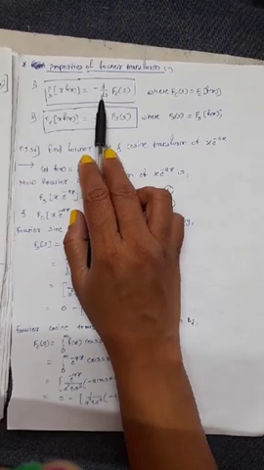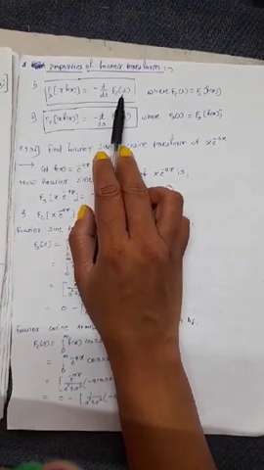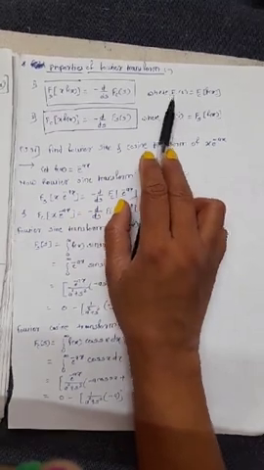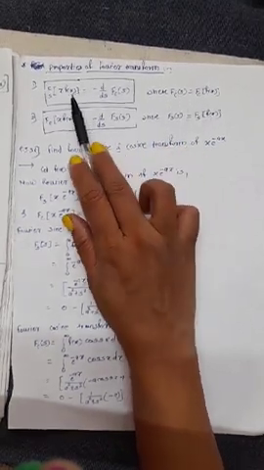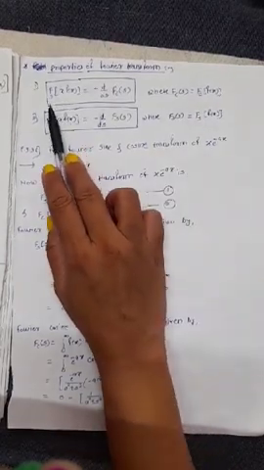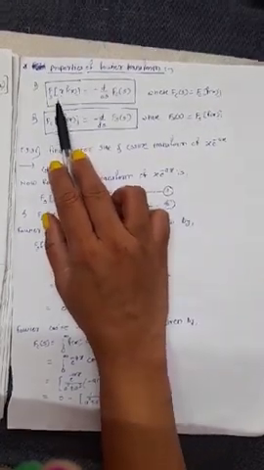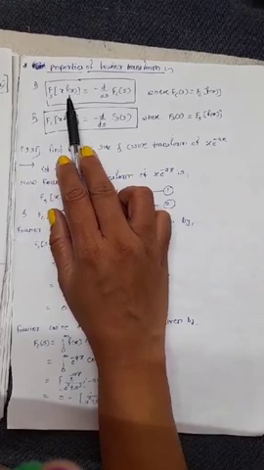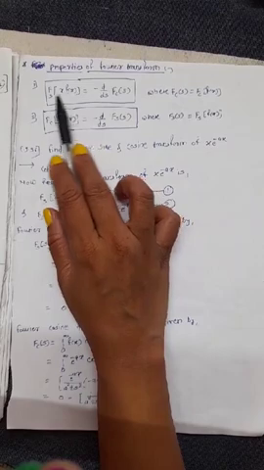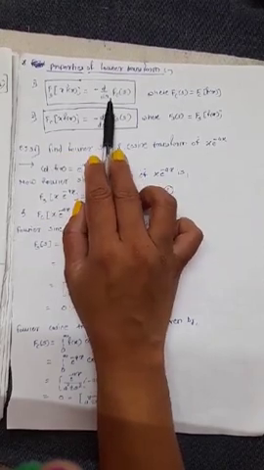Minus d by ds means the derivative of Fc, the Fourier cosine transform of this function only. That means if you want to calculate the Fourier sine transform of such functions where x is multiplied with some function, then just calculate the Fourier cosine transform of this function and take the derivative. Okay, this is the property.